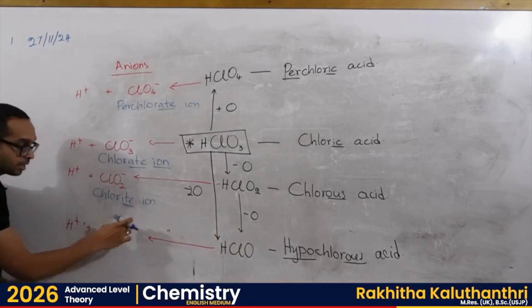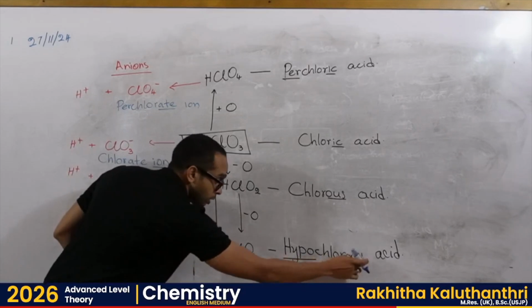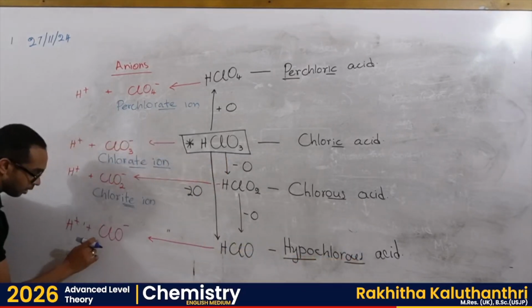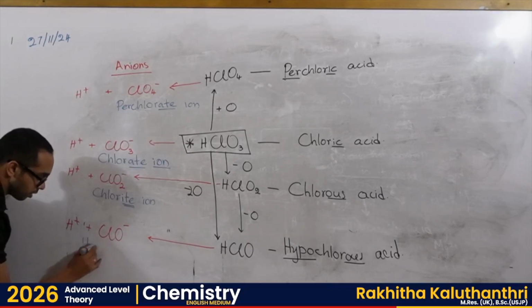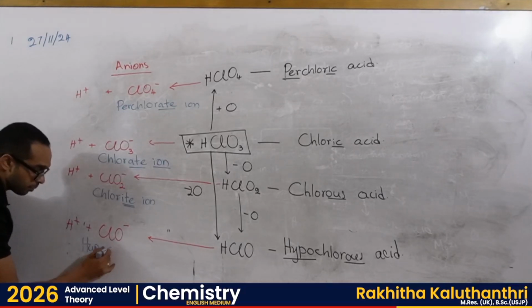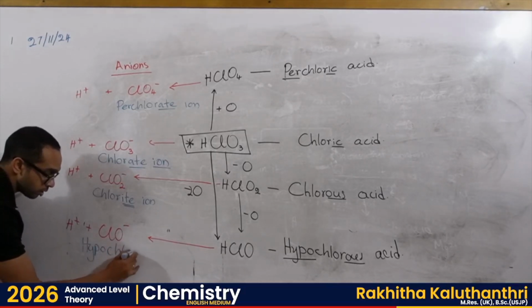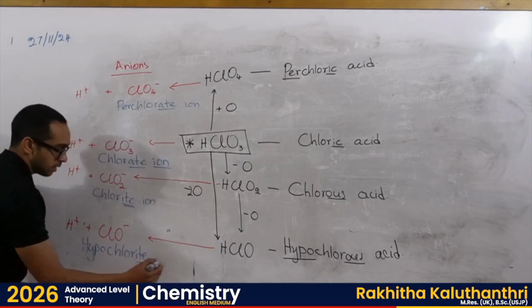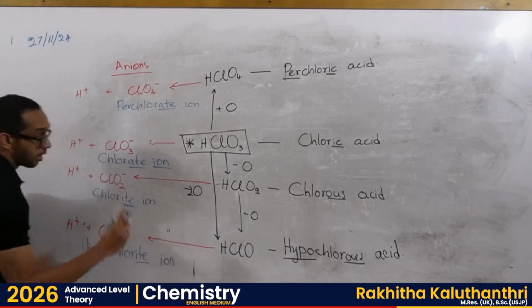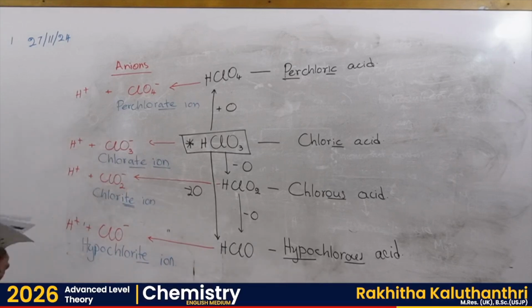The ITE ending. So here also we have an OUS ending. So therefore the name here for this ion would be, what would it be? Hypochlorite ion. Hypochlorite ion. So this is something to keep in mind.